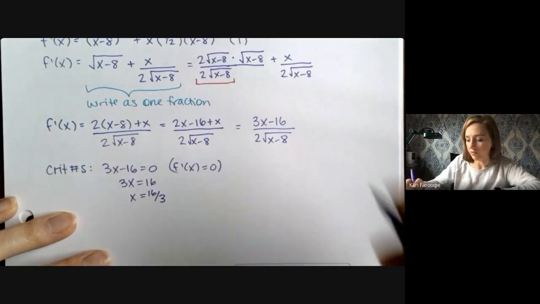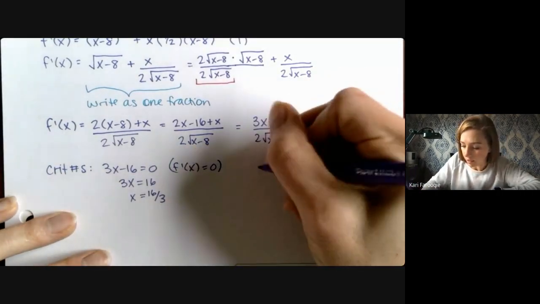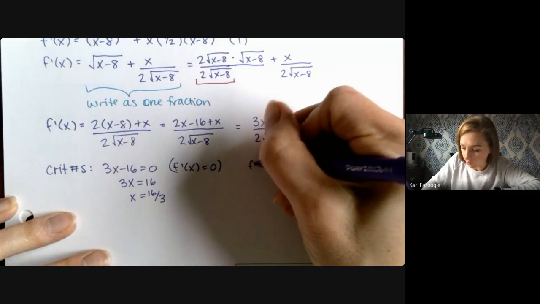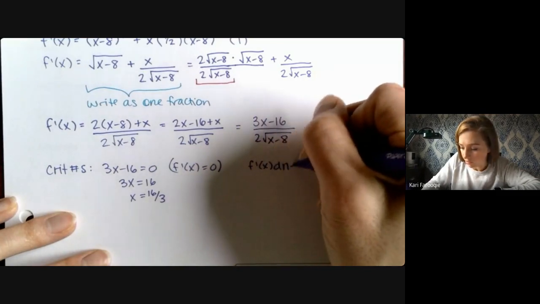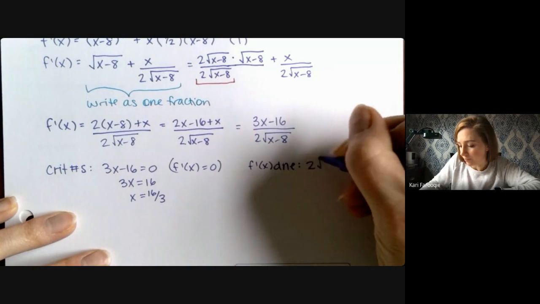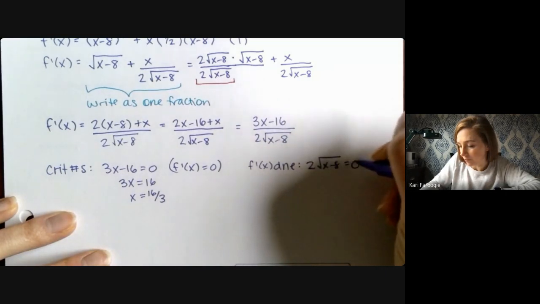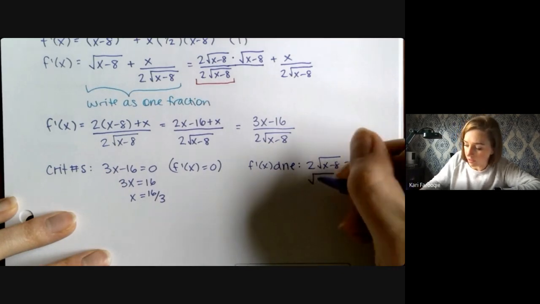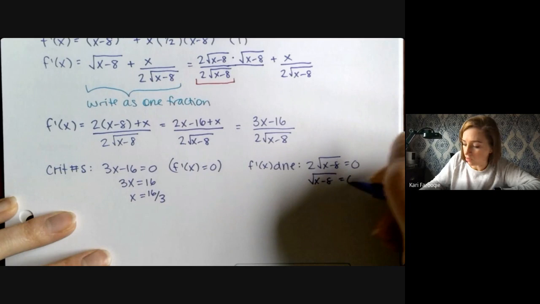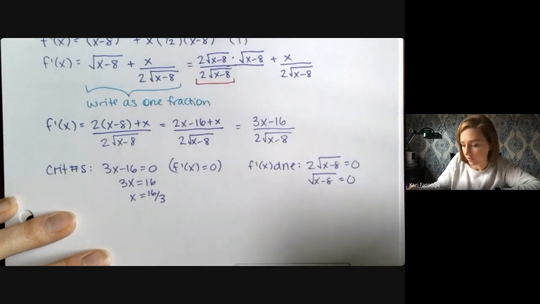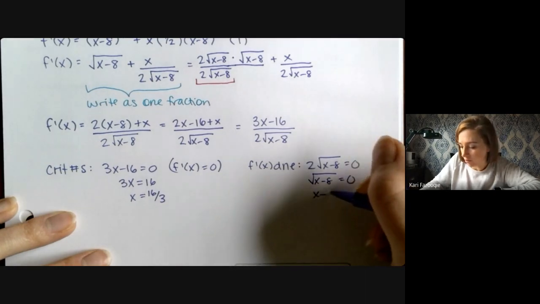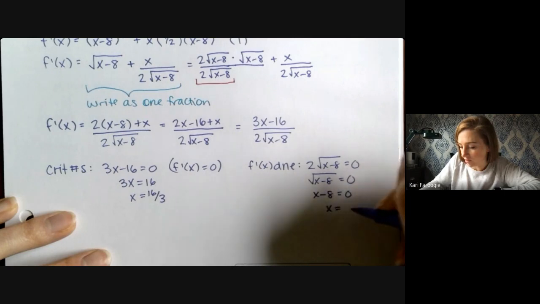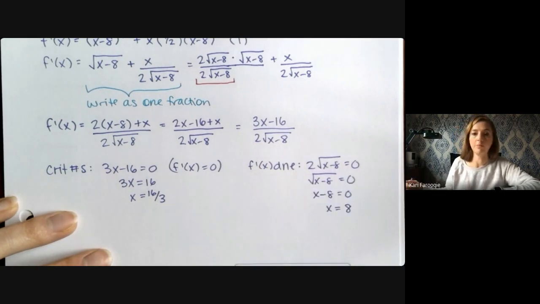Okay, so I have x equals 16/3. And then for the situation where f prime of x does not exist, I have that the denominator equals 0. So I can multiply both sides by 2. And then I would square both sides and get x equals 8.